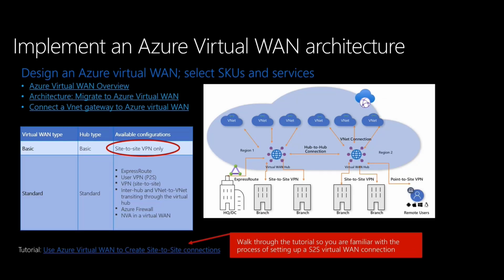Azure Virtual WAN architecture. Historically, organizations used a combination of things like VPNs to provide site-to-site connections for branch offices. They would use point-to-site connections for individual remote users. And then there would be other types of connections for cloud services.